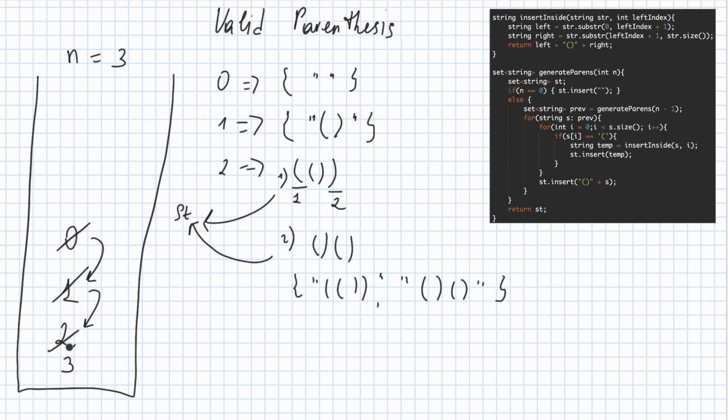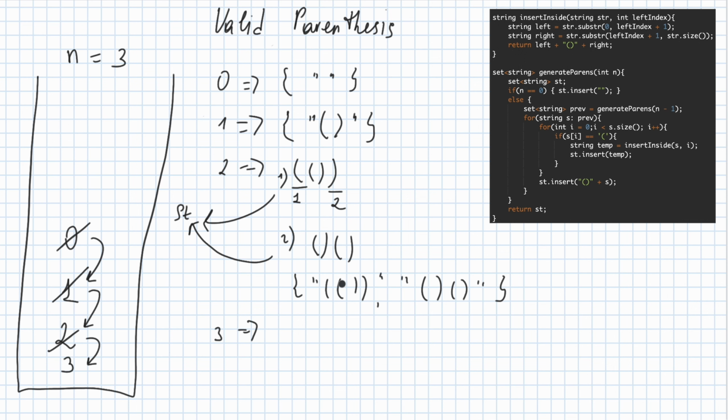So our result set for n equal to 2 is this, and we return from the level where n equals 2 and we are back in the level where n equals 3. So when n equals 3, our previous set, returned by generateParenthesis, consists of these two strings, and we check each character of each of the strings.